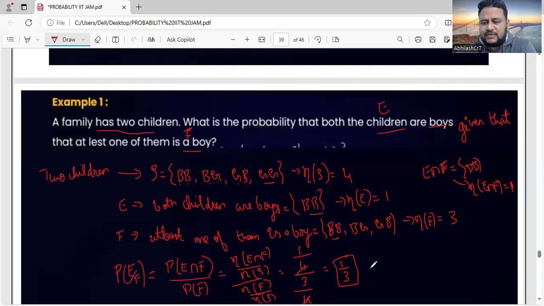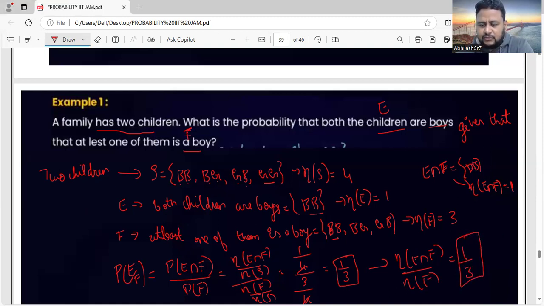You can solve this in another way. Instead of writing all this, because the cardinality of S and the cardinality of S get cancelled, you can directly write cardinality of E intersection F divided by cardinality of F. The cardinality of E intersection F is what is common between E and F, that is 1, B and B. Then the cardinality of F is 3. Same thing you will get.